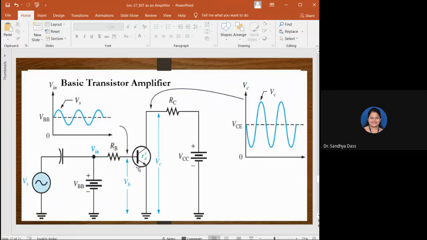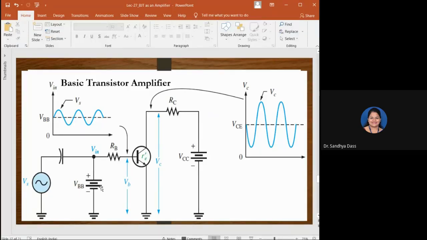So this is the basic transistor amplifier circuit, all right? Quickly you can take down, or if you want me to complete the explanation, I will do this. The circuit is shown here. This is the basic transistor amplifier circuit where you have the input at this stage.